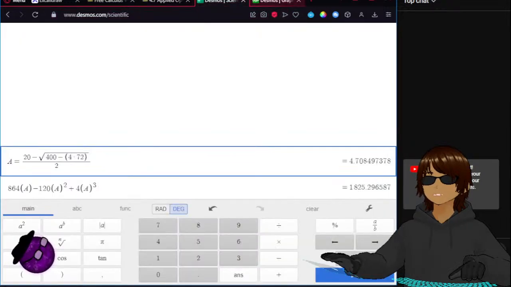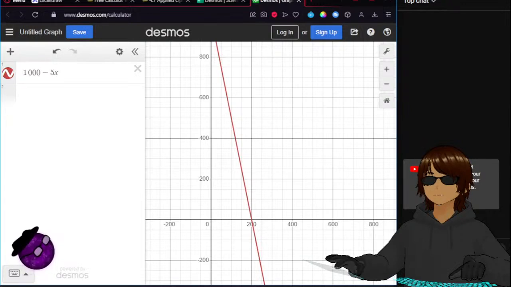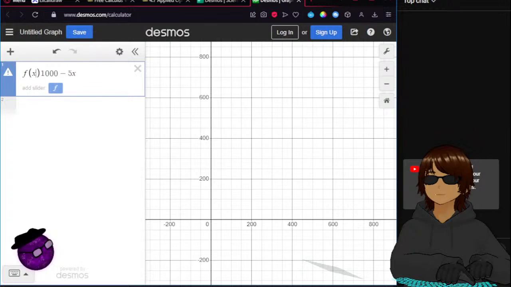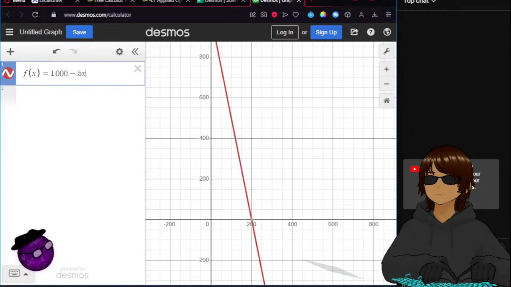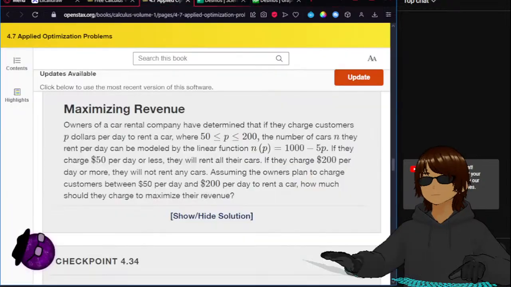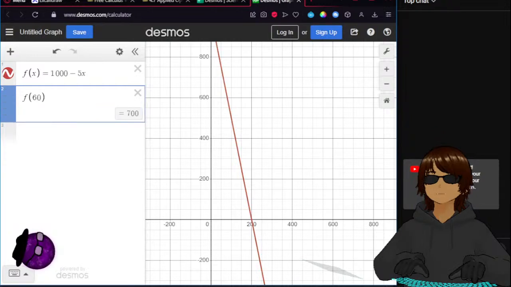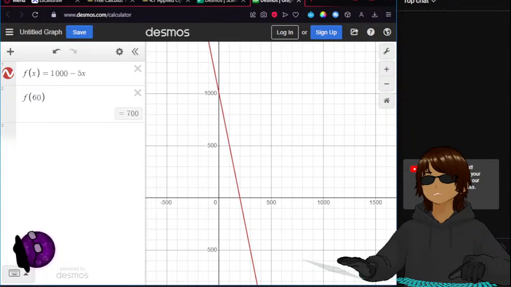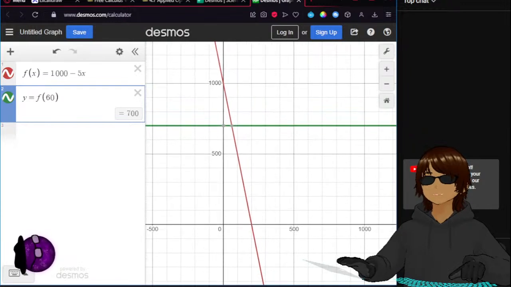Okay, so the number of cars they rent can be modeled like this. F of x is equal to, what is f of 60? 700. Where is that? Won't they draw a line? Y is equal to, okay, 60.